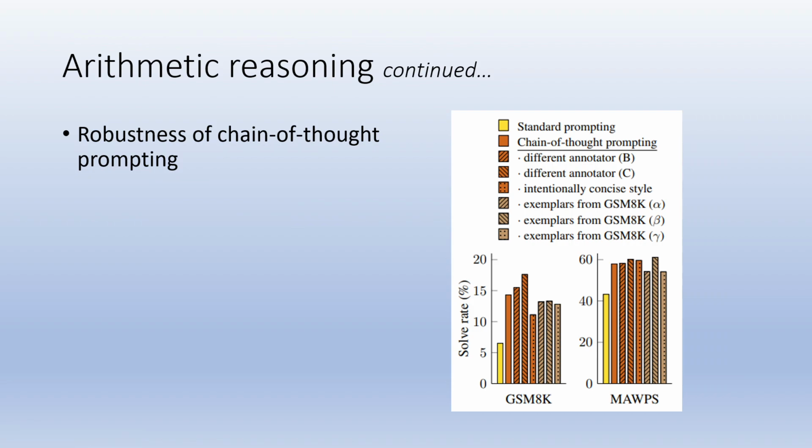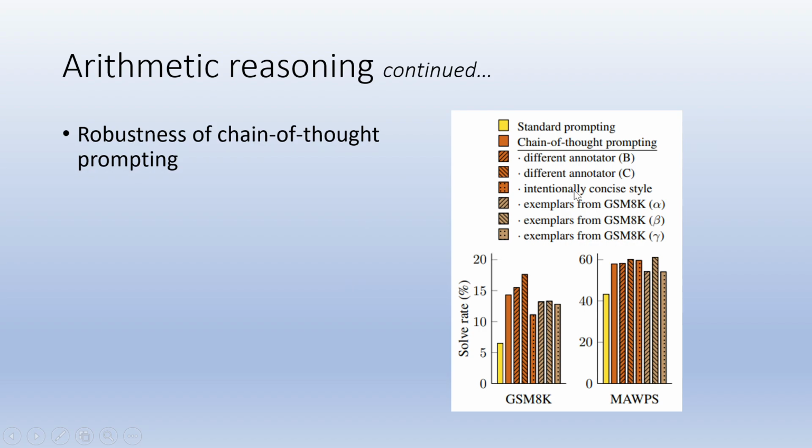Next, we talk about the robustness of chain of thought prompting, which is basically trying different styles of chain of thought prompting to see if it still performs better in all of these cases. If you see the red patterned variations, in these cases the annotators giving the annotations or prompts are different, so obviously the prompts will vary from one annotator to another.